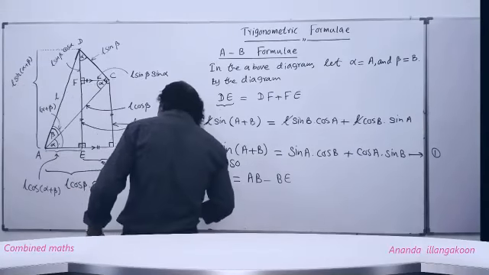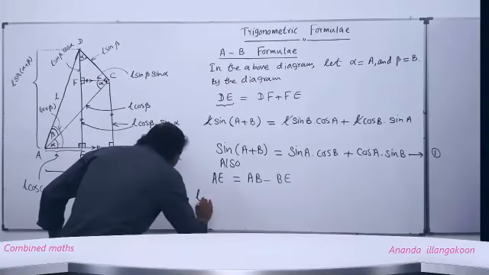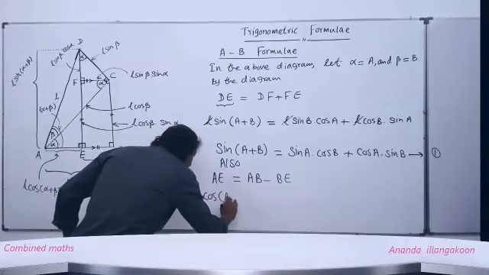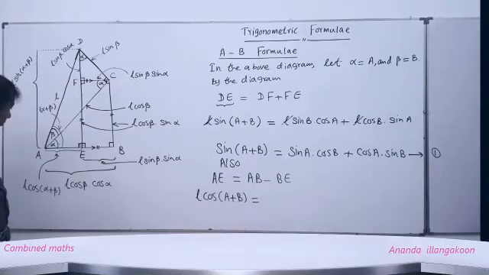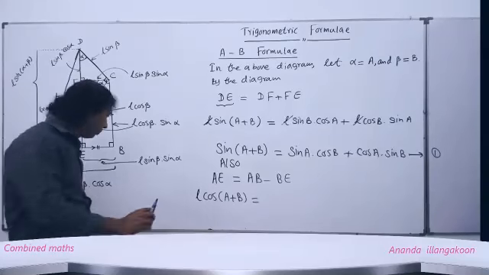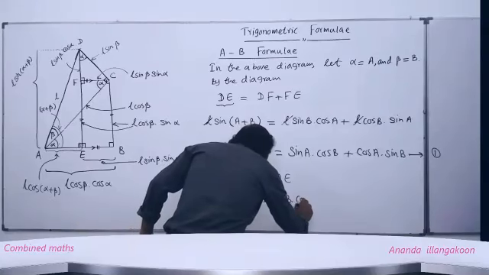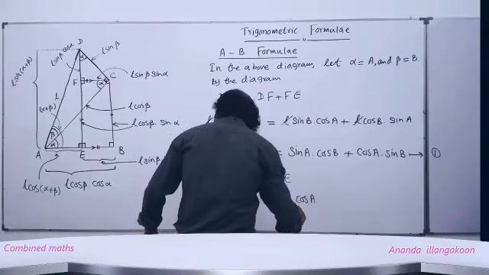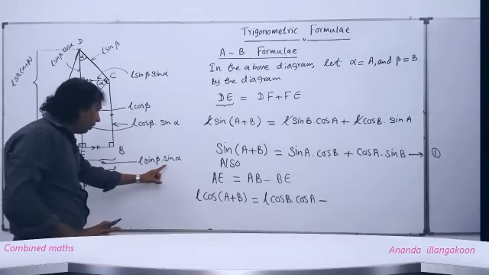What is AE? L cos alpha plus beta. L cos A plus B. What is AB? L cos beta cos alpha. Beta is B, alpha is A. L cos B cos A. L cos B cos A minus BE, L sin B sin A.